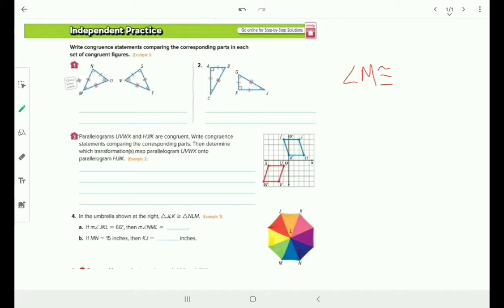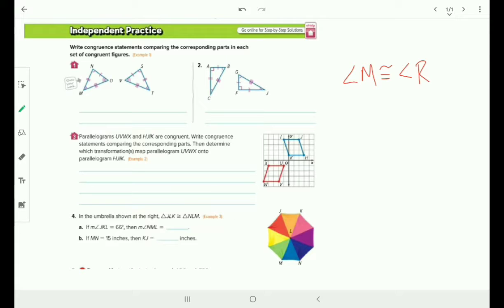It doesn't have to be perfect, but that signifies that it is congruent. So, for example, maybe I say angle M is congruent to angle R. That's how I would signify if two angles were congruent.